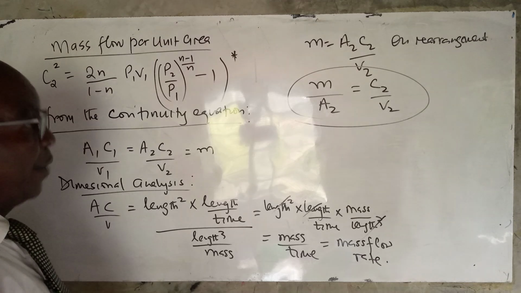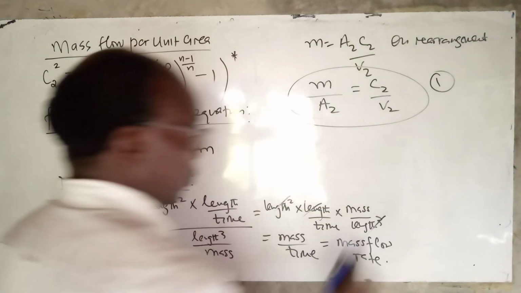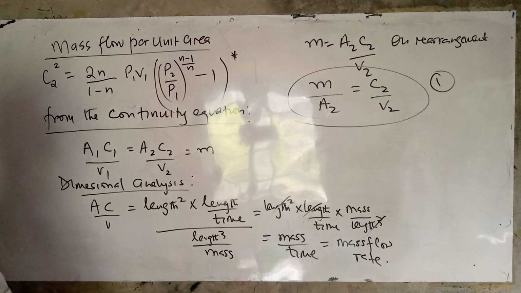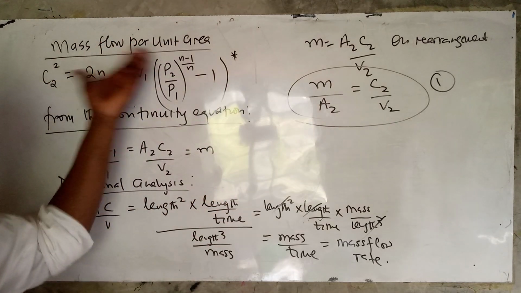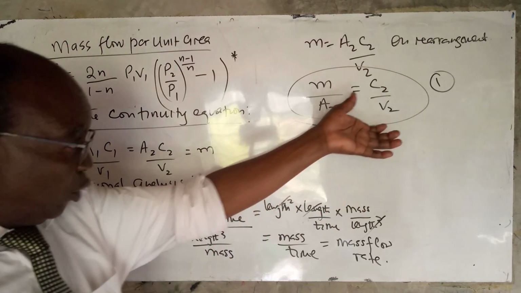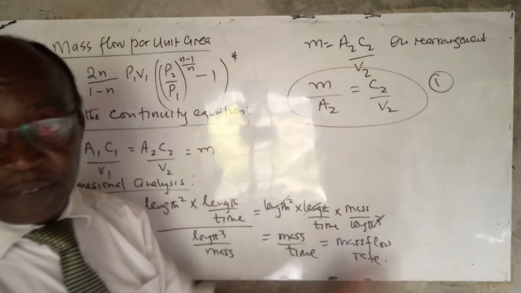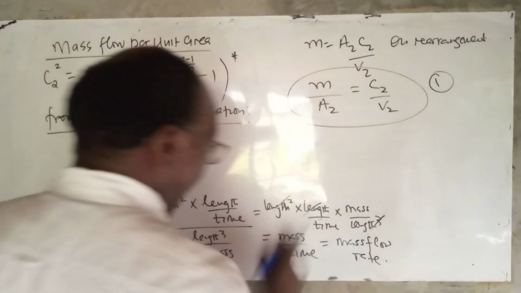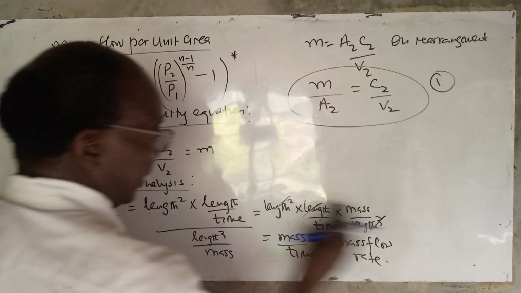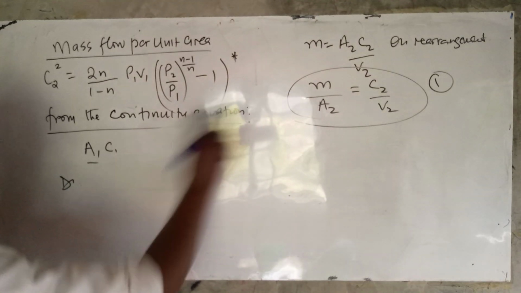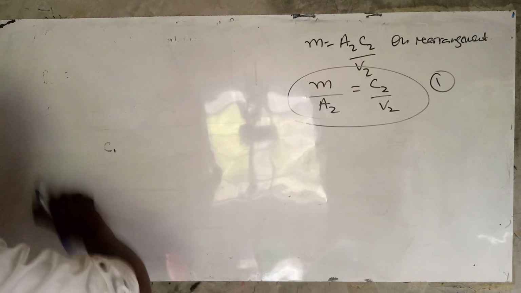Let's call that expression 1. So our lives are becoming a lot easier. Now we want to get the expression for mass flow per unit area. So what we need is to work with this quantity on the left-hand side and the right-hand side, and see what we are able to obtain.